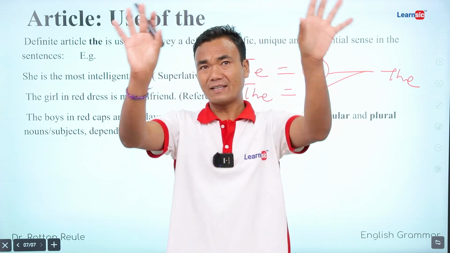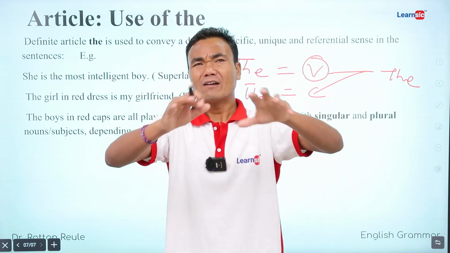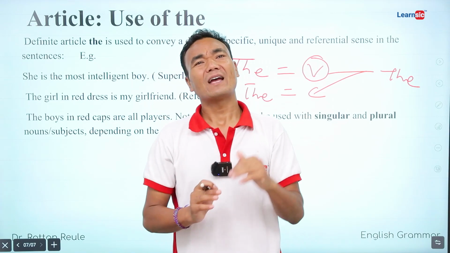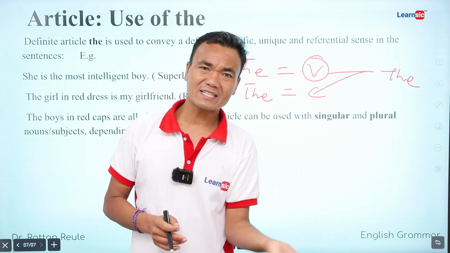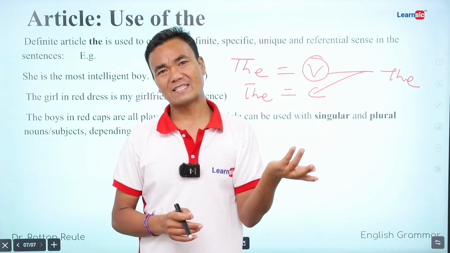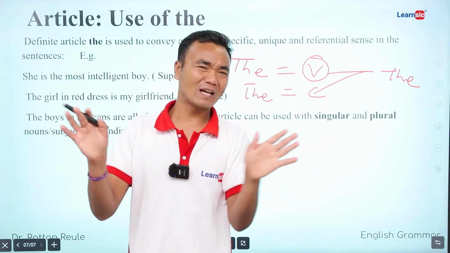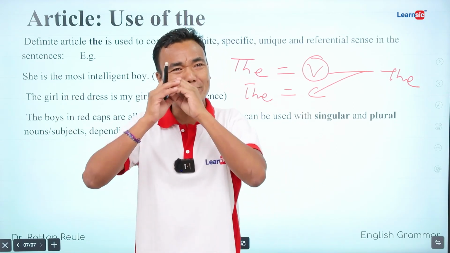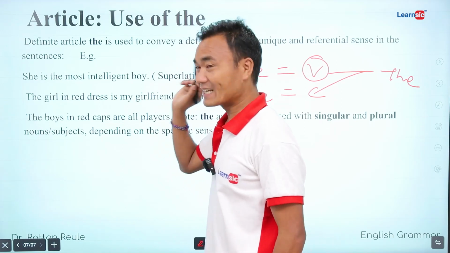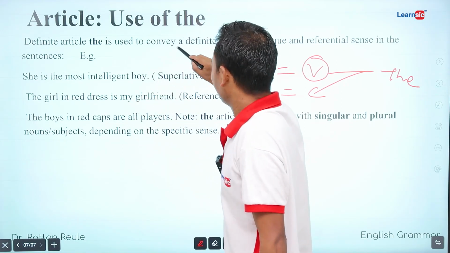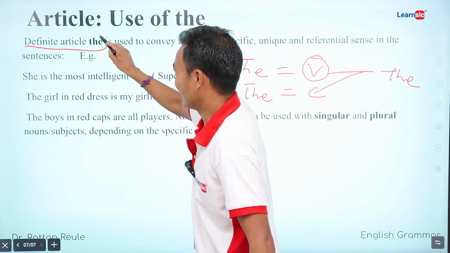If there is a definite thing, certain thing, sure thing, specific thing, very special thing, before that we use the article. Even before a consonant sound and before a vowel sound, we can use the article before singular, before plural, no problem. The is free to use in all cases. But the condition, first, is that we call it the definite article.